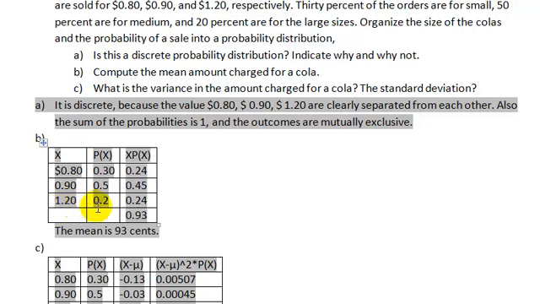And 1.2 times 0.2, we get 0.24. So when we get all these x times probability of x, we add them up. 0.24 plus 0.45 plus 0.24, so we get 0.93. So the mean is 93 cents.